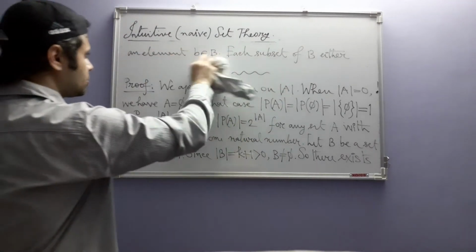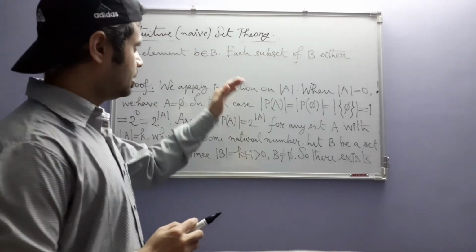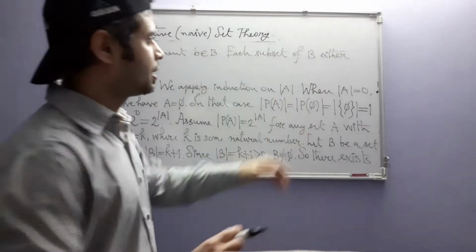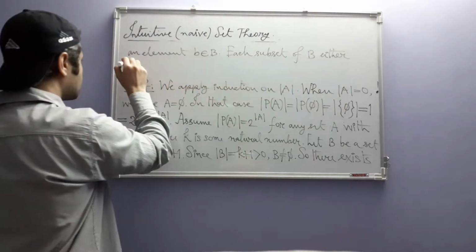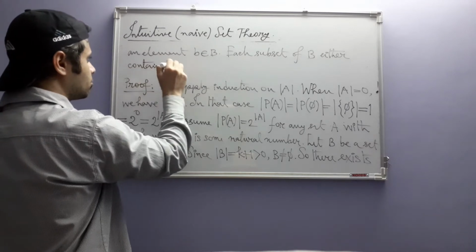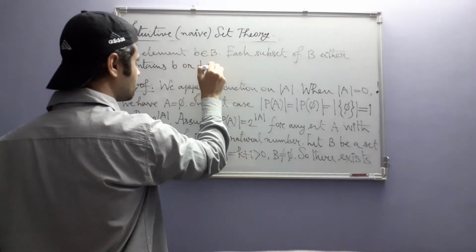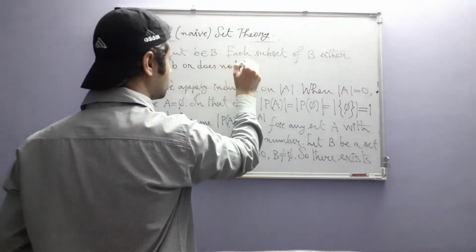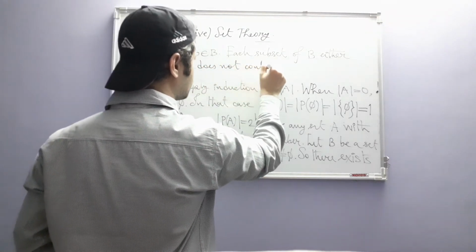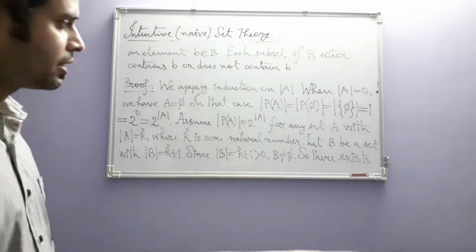Okay. So let us resume. Now, each subset of B either contains small b or does not contain small b, because that is natural, right?